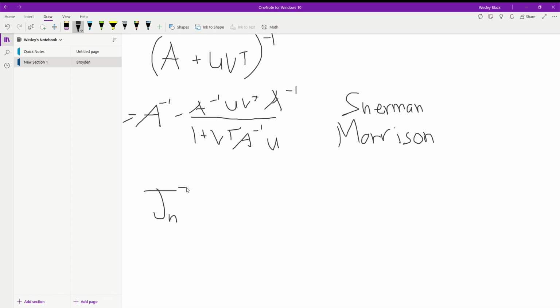that the Jacobian inverse is going to equal the Jacobian inverse at the previous value. Check my nice paper note here to make sure I'm not going crazy.